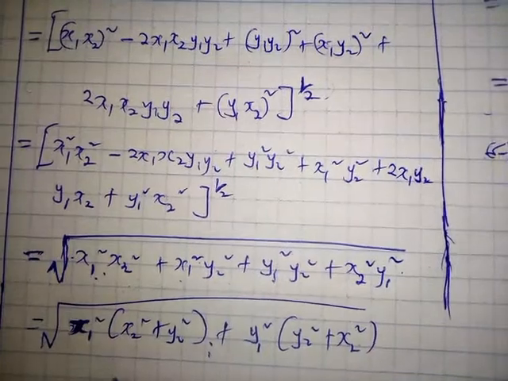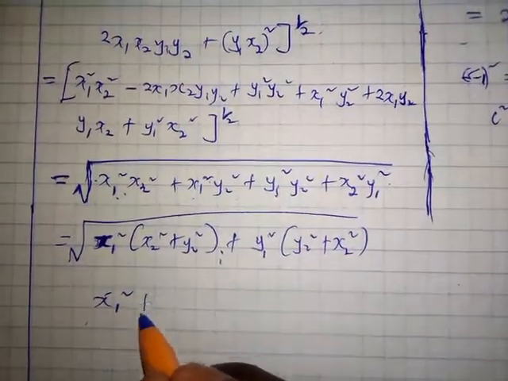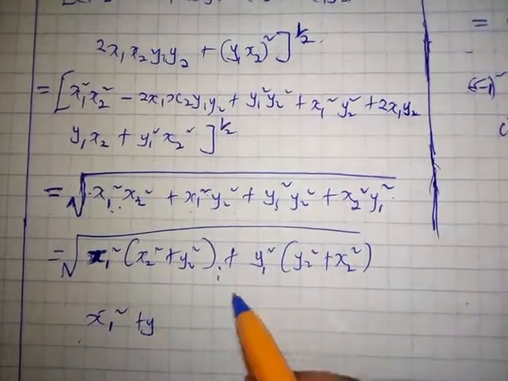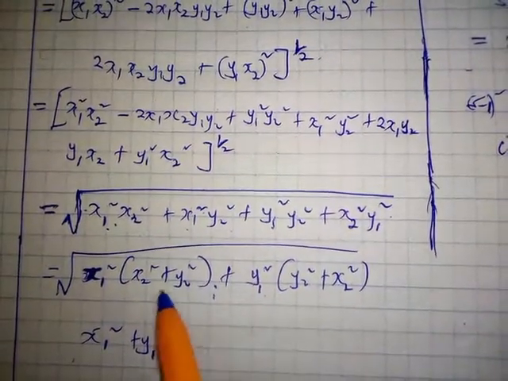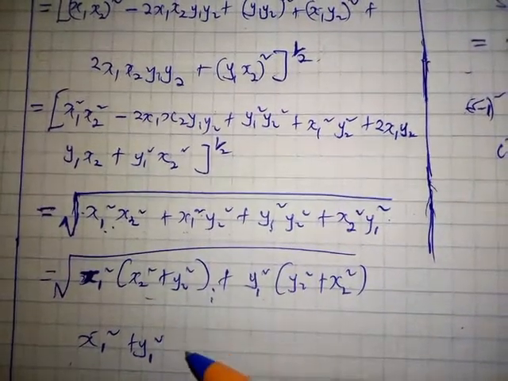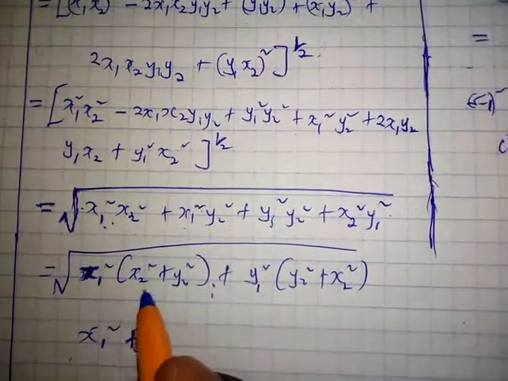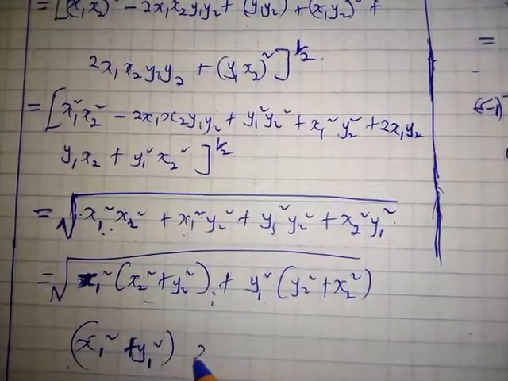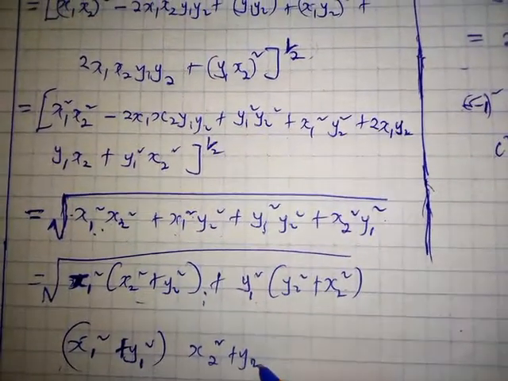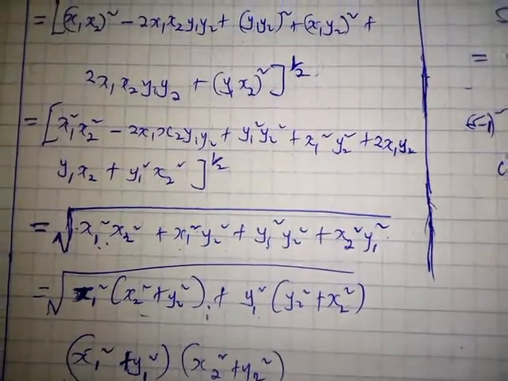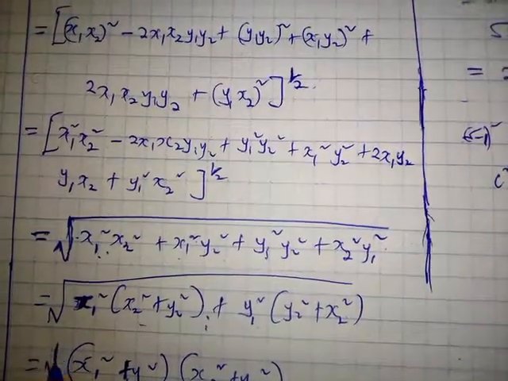So we have x1 squared plus y1 squared, then we pick one of the brackets since they are the same, so that we have x2 squared plus y2 squared, the whole of this under the root.